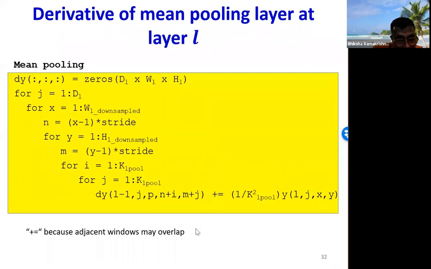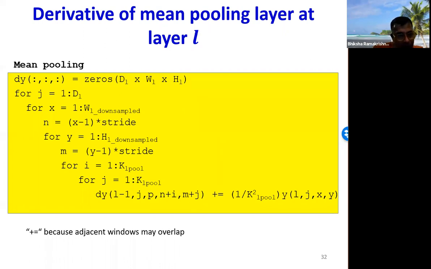When you do the backprop, all that happens is that you take the derivative of that output, divided by the size of the window, and add that much to every single position within the window. This should have been a dy, I'm sorry. So pseudocode wise also, it's actually a very trivial operation.